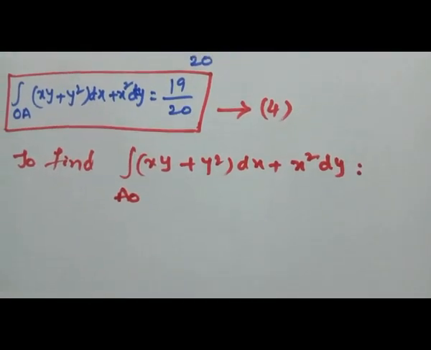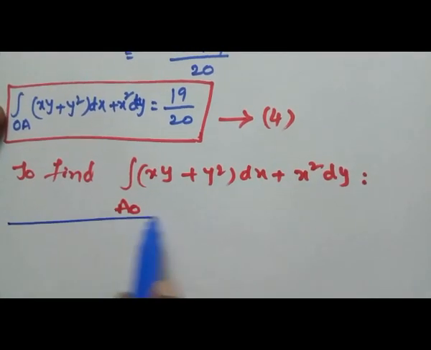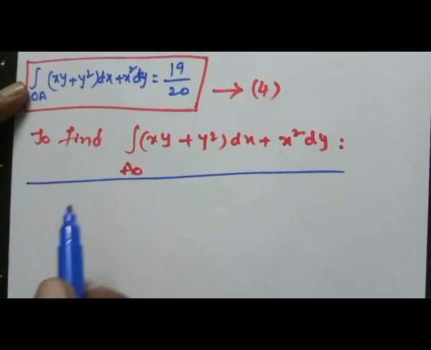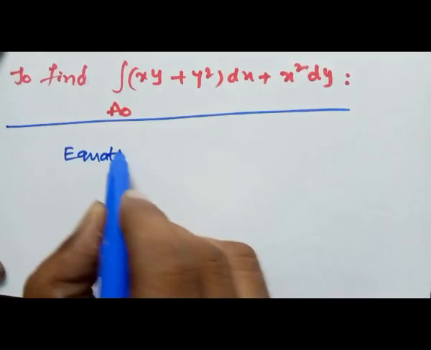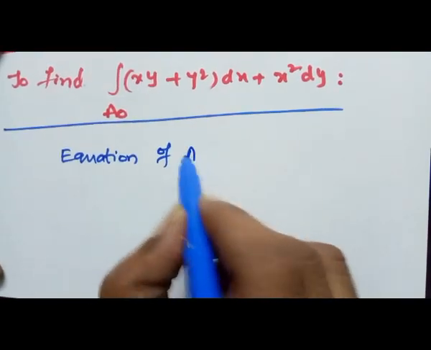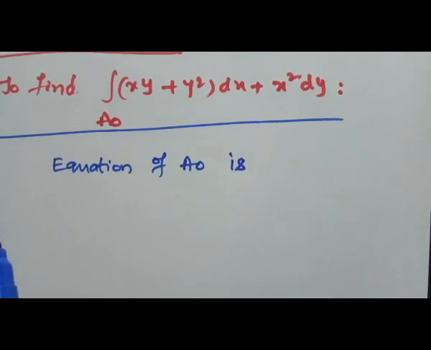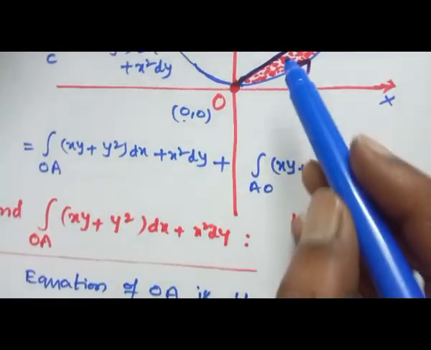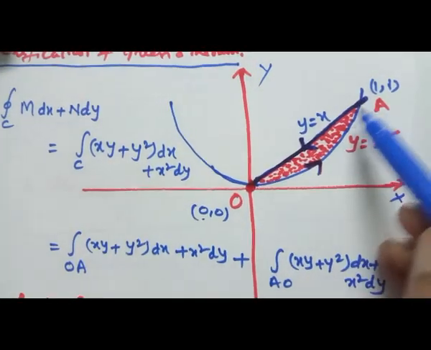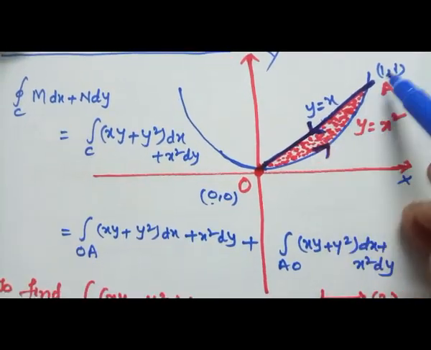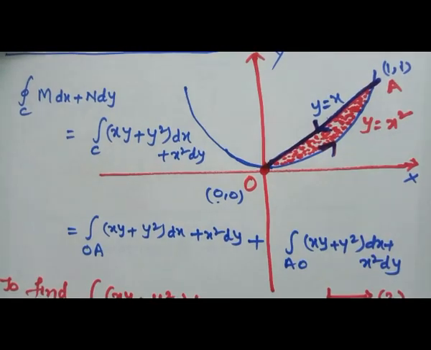The equation of AO is a straight line, y is equal to x, and the direction is in this direction.